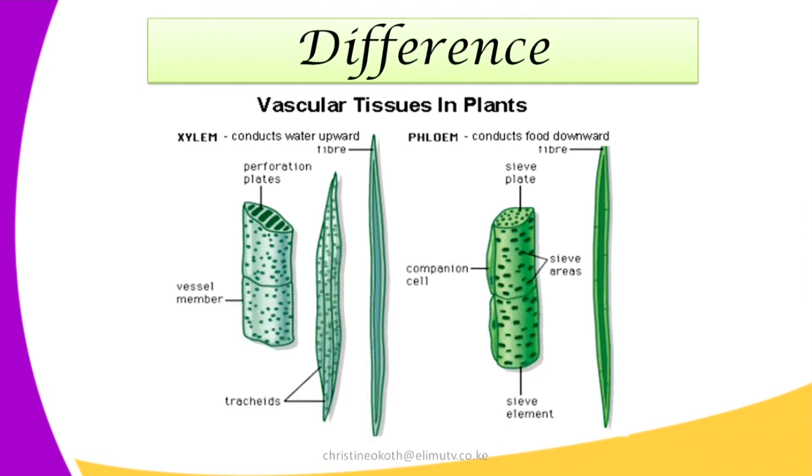Another difference is in terms of what they are made up of. For example, in the xylem tissue, the two main components are the vessel elements and the tracheids. Then in the phloem tissue, the two main components are the companion cell and the sieve element. So that is in terms of the composition of the tissues.